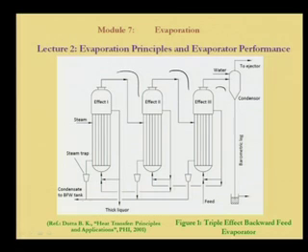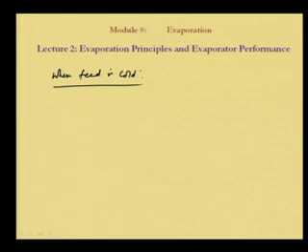Whereas in forward feed, I would have used more sensible heat for raising the temperature of the feed to the boiling point. Therefore, for cold feed, backward mode is always preferred.